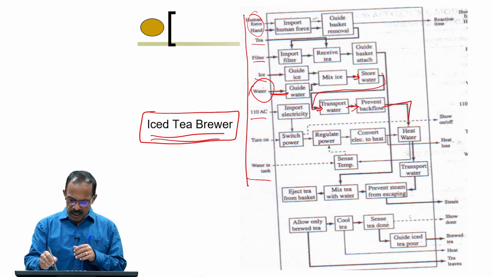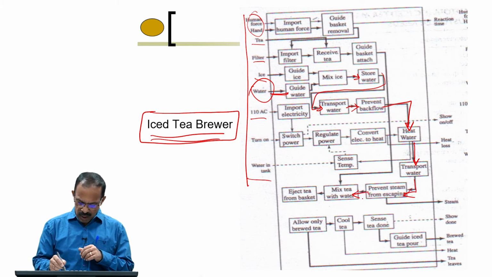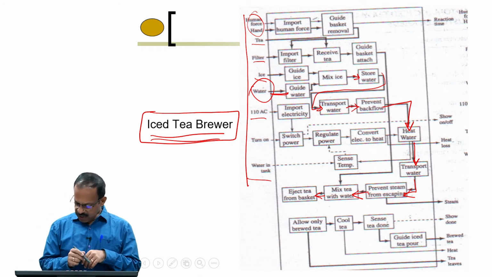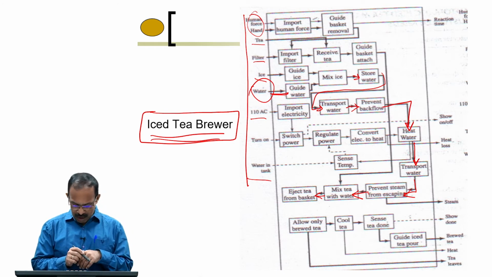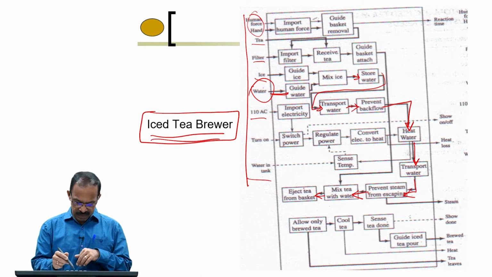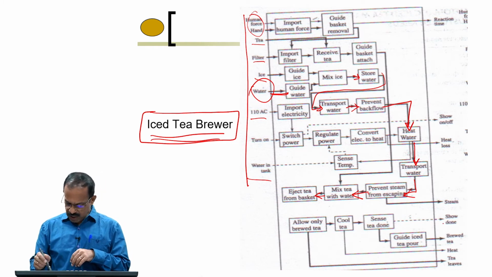Then you heat the water, transport the heated water, prevent steam from escaping, mix tea with water, and eject tea from the basket. That is the brewed tea coming out. It is not coming from the machine per se, and then we will see how this has to be delivered to the customer.